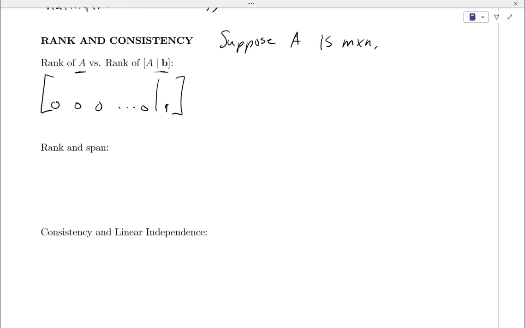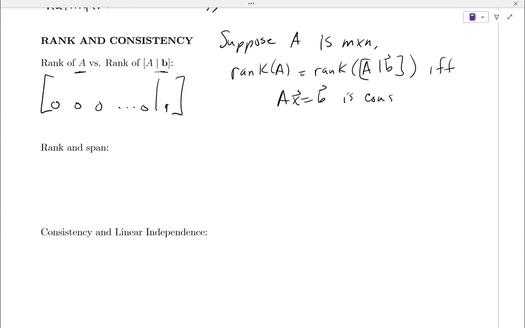We talked about that last time, that the rank of A is equal to the rank of A augmented with B if and only if AX equals B is consistent, right?